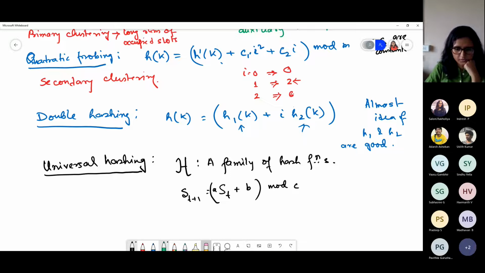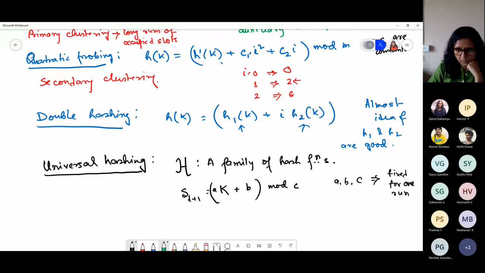Anyway, say this is a k plus b mod c, where k is my input variable. So this one is the input variable, but a, b and c are some fixed constants, fixed for one round.